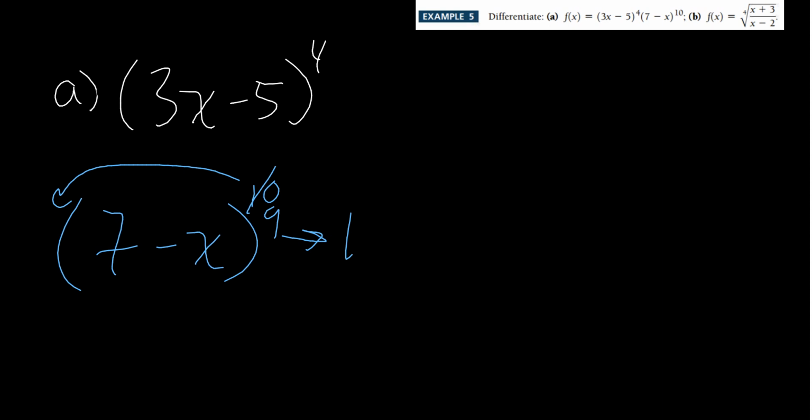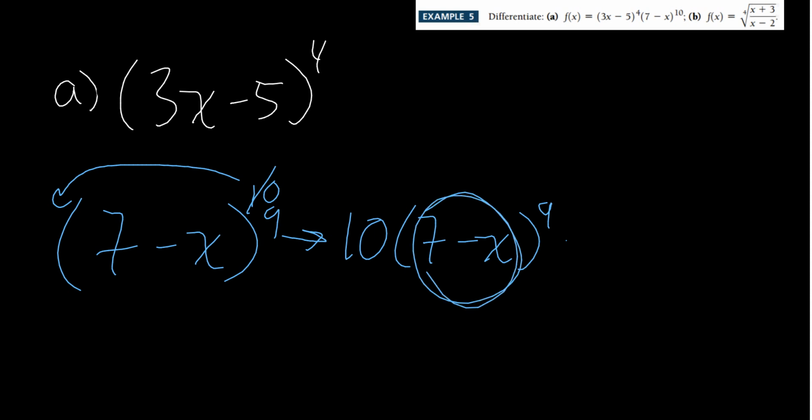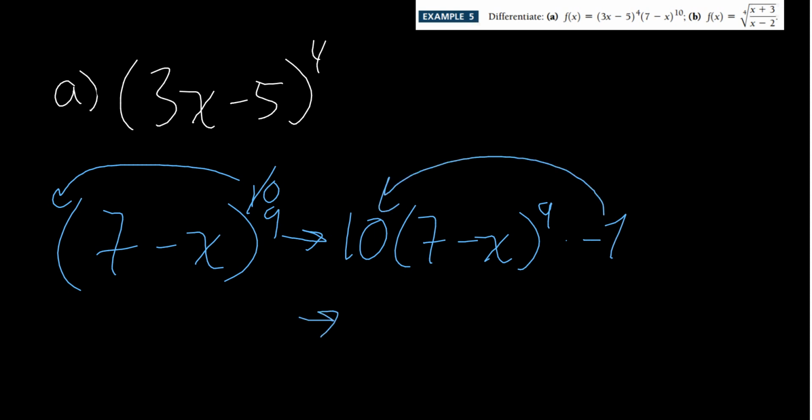So we'll have 10 times 7 minus x raised to the 9th power, times the derivative of the inside. The derivative of the inside is simply a negative 1, so times negative 1. The negative 1 times 10 becomes a negative 10 times 7 minus x raised to the 9th power.